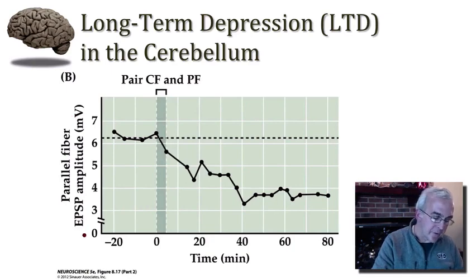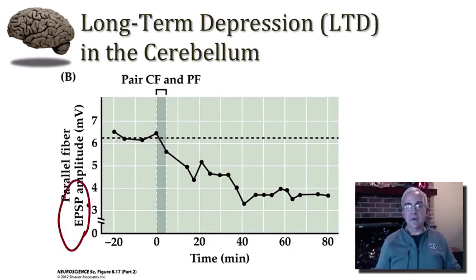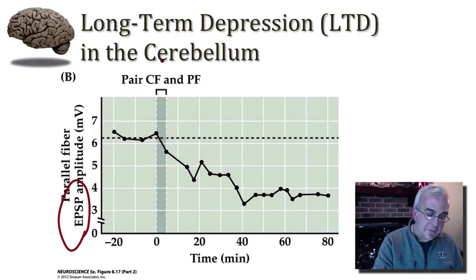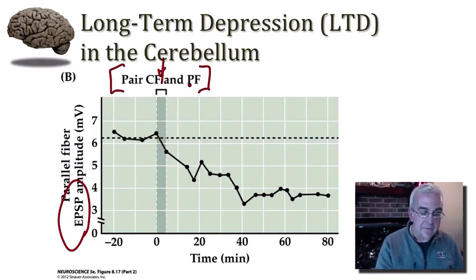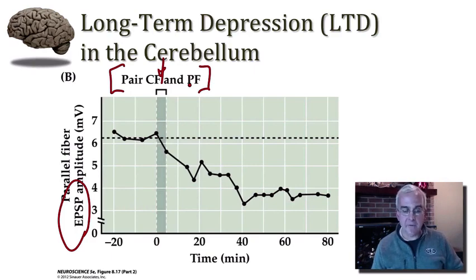So what we're going to measure here is the amplitude of the excitatory postsynaptic potential that is induced by stimulation of the parallel fiber. Now, the test phase is the pairing of the activation of the climbing fiber and the parallel fiber.